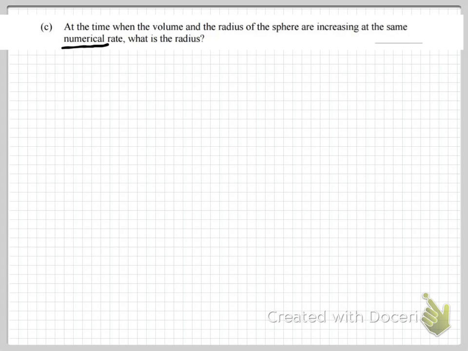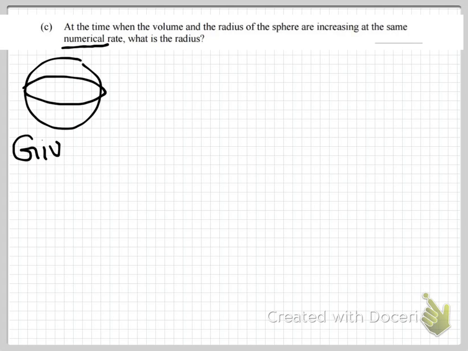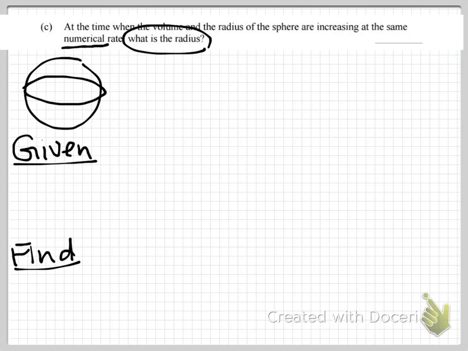So it sounds like we're talking again about a sphere. Let me write down my given and my find. I see that question right there, so it looks like I want to find r.